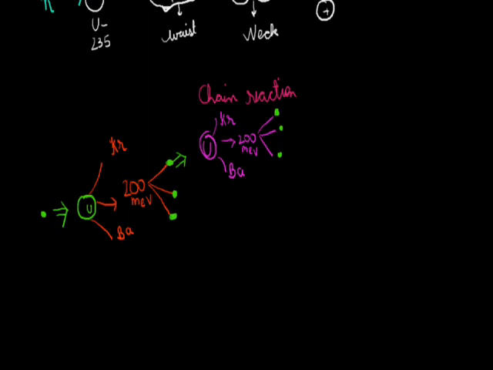The same process is carried out by this neutron, and the same process is carried out by this neutron. Again, 3 neutrons will be produced in both these steps, the second and third step, and again these neutrons will carry on the chain.